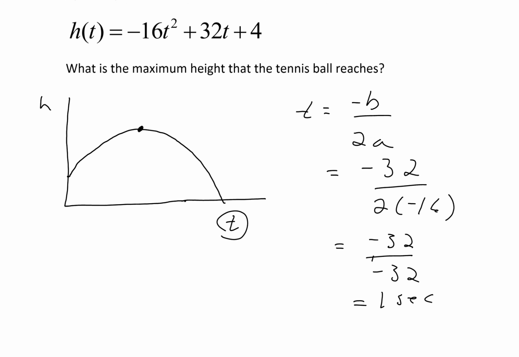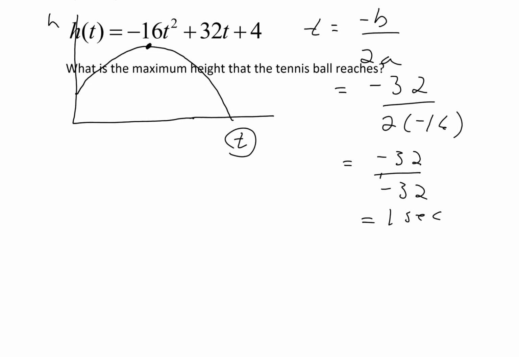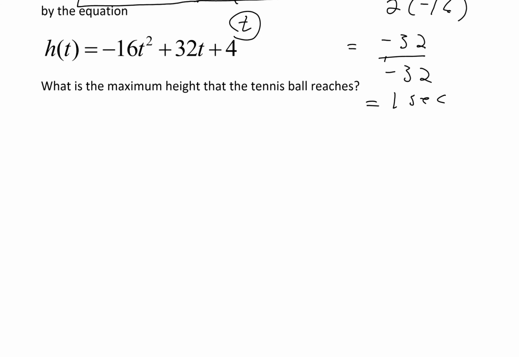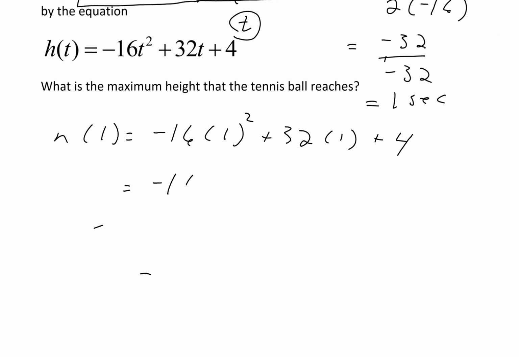In order to find the height at 1 second, I'm going to plug 1 into this equation here. So h of 1 equals negative 16 times 1 squared plus 32 times 1 plus 4, which equals negative 16 plus 32 plus 4, which is 16 plus 4, or 20 feet. So after 1 second, the ball is going to be 20 feet off the ground, and that's going to be the maximum height that it reaches.